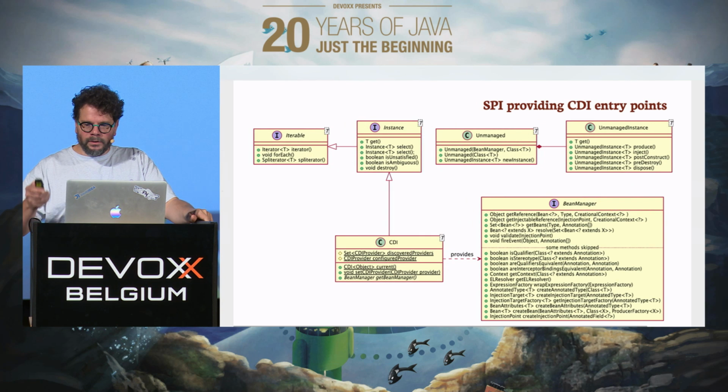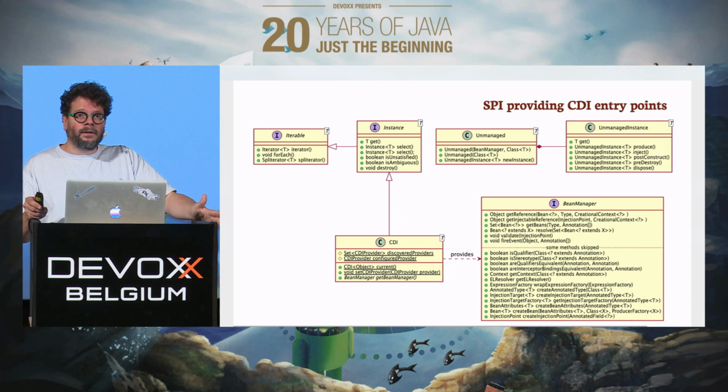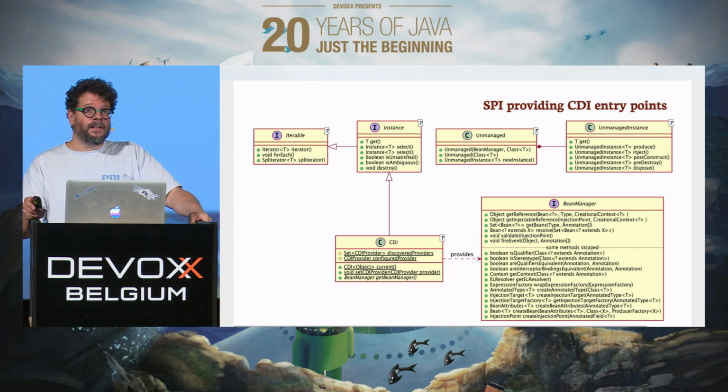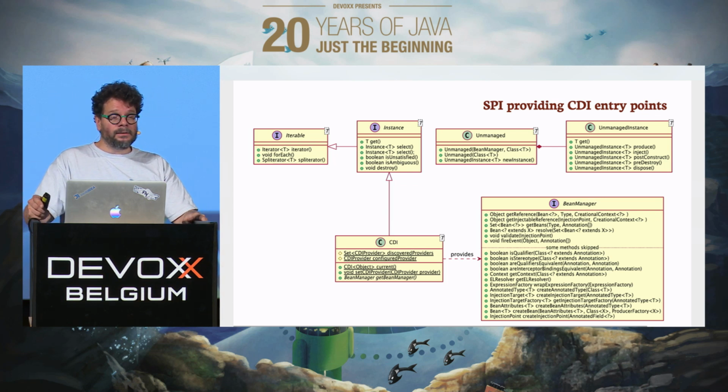After that, we have all the SPI linked to the CDI entry point. I won't go into too much detail here either, but you see that the Instance interface was used in the context of CDI, but you have a class extending the Instance interface, which is the CDI class, which has a static method allowing you, from outside CDI, to get a handle on the CDI container and request beans from outside CDI.